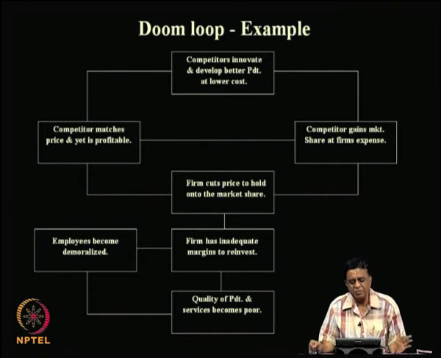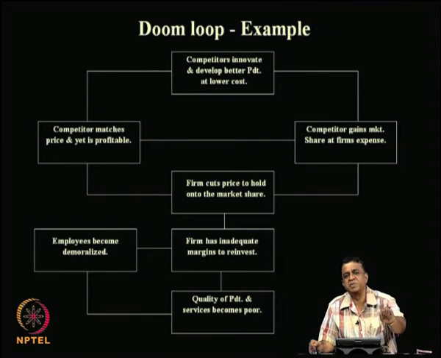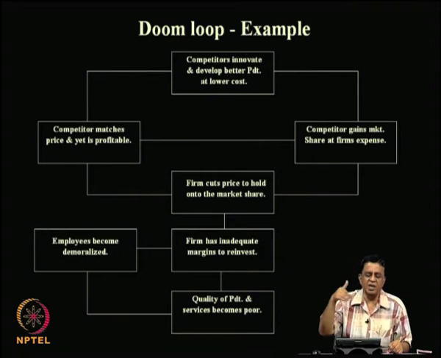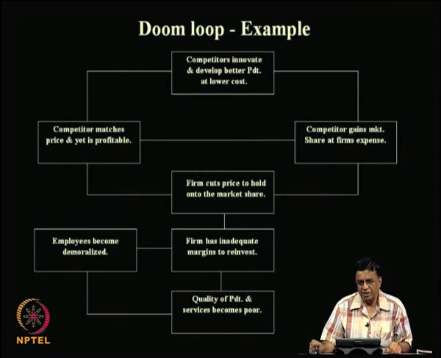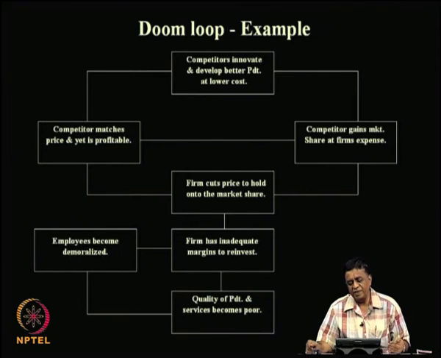So, what is going to happen in such a situation? The competitor is likely to gain market share at the firm's expense. You are not able to match him, so he gains at your expense. Now, you start thinking, why did this happen?